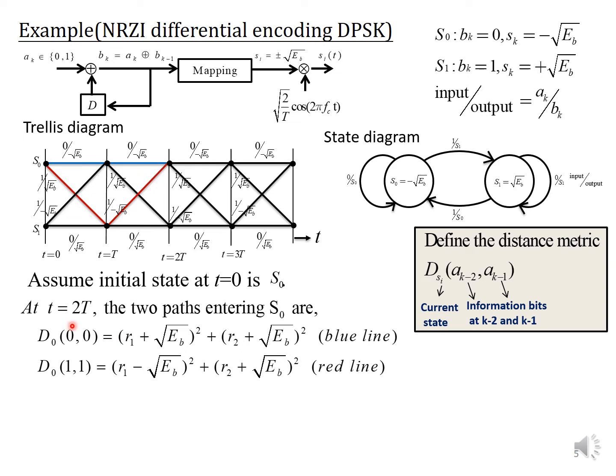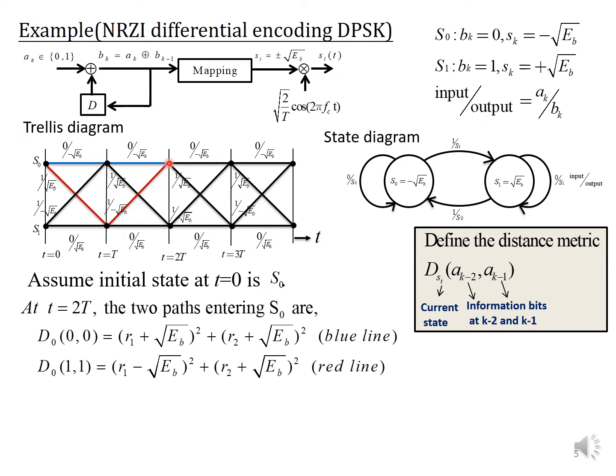So at t equal to 2T, there are paths entering S0, right? Entering state S0 here, that begin with S0 and end with S0.